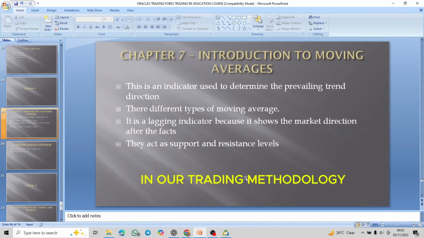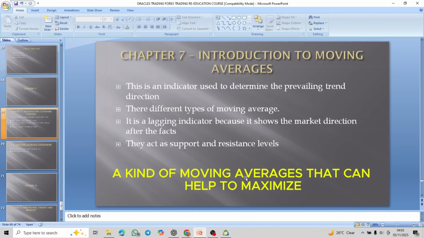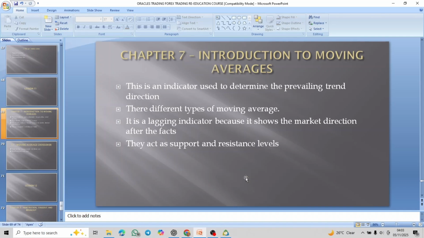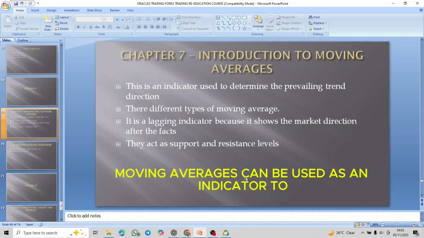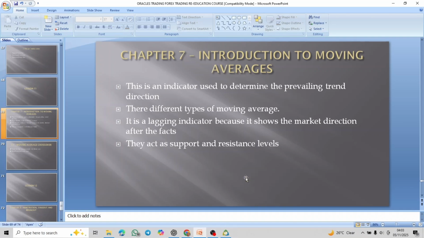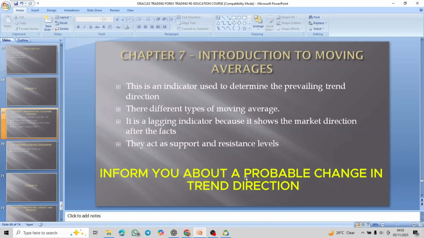In our trading methodology, we are going to be introducing you to some moving averages that can help to maximize or optimize your profit. Moving averages can be used as an indicator to inform you about a probable change in trend direction.